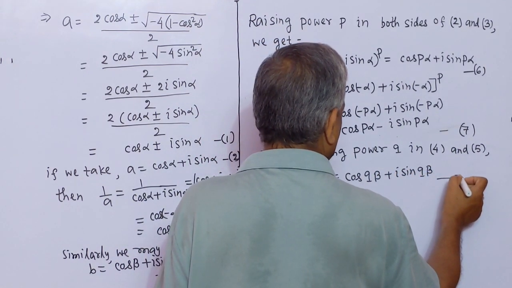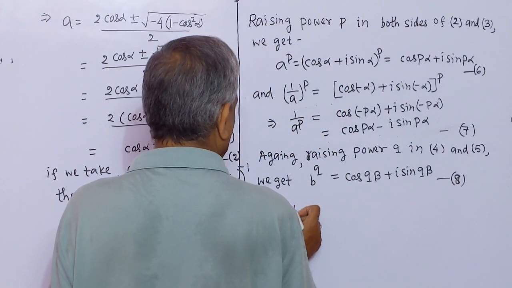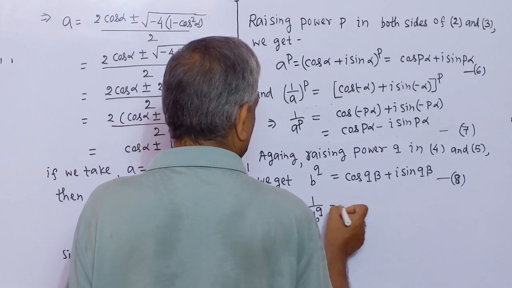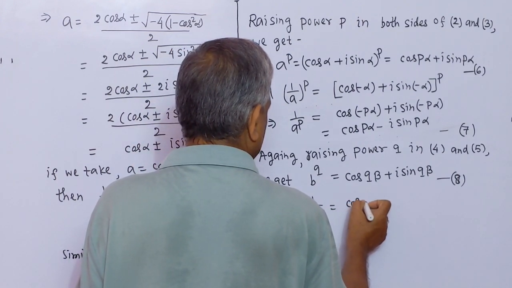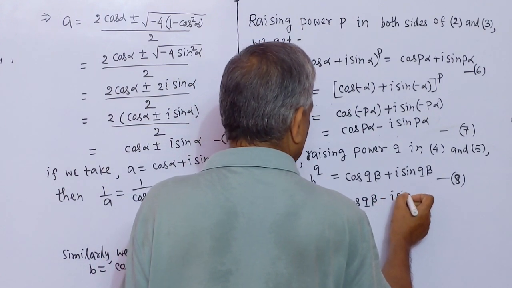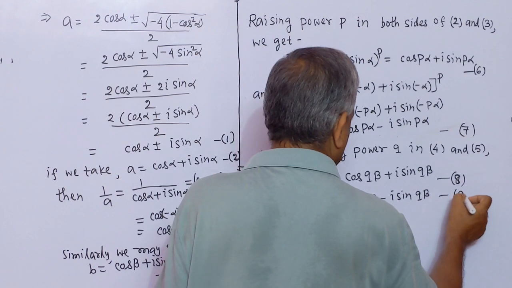This is number 8. And 1 by b to the power q equals cos q beta minus i sin q beta. This is number 9.